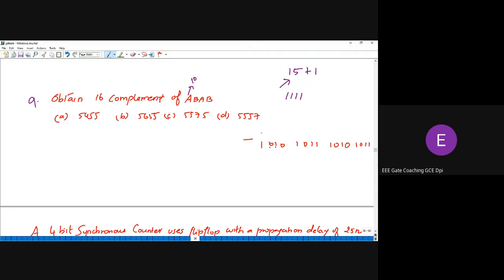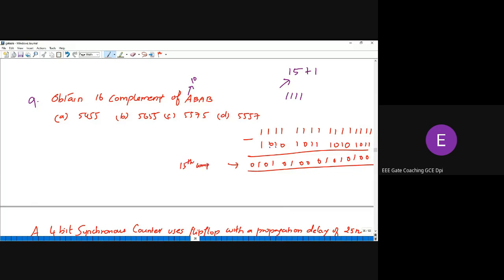So I have to subtract it from 15, right? So if I subtract it from 15, the answer is 0, 1, 0, 1, 0, 1, 0, 0. Okay, so this is my answer. This is our 15th complement. Then you have to add 1 with this number.